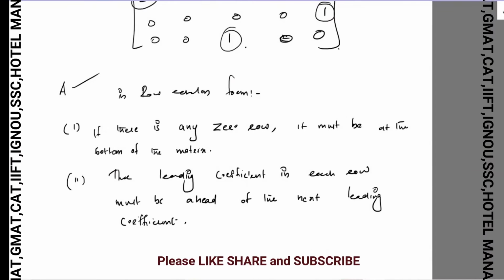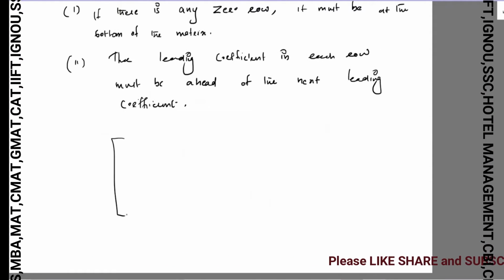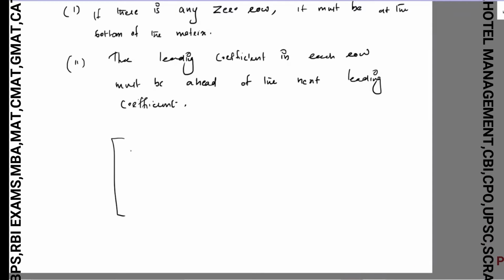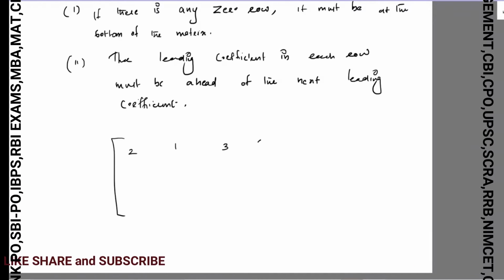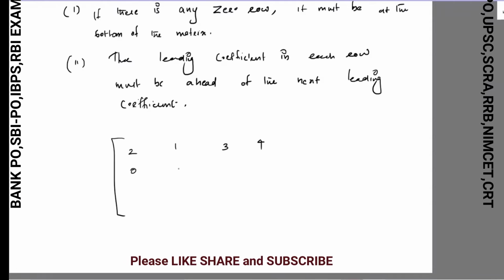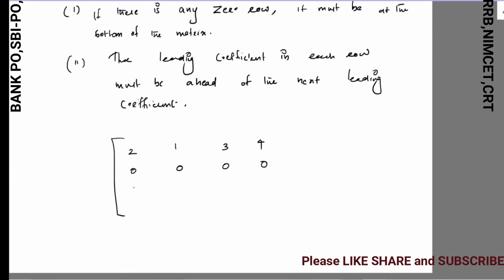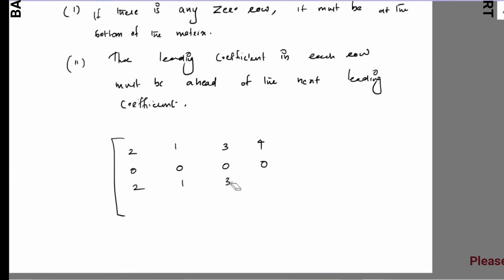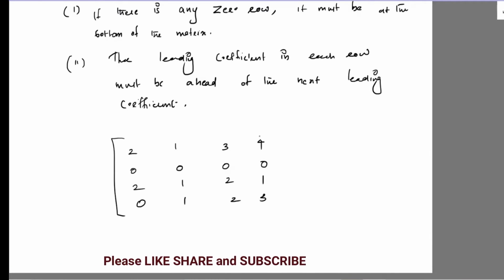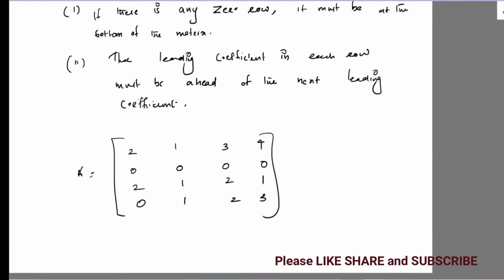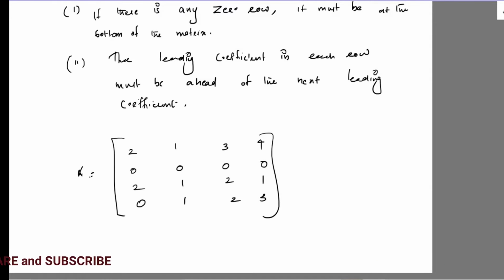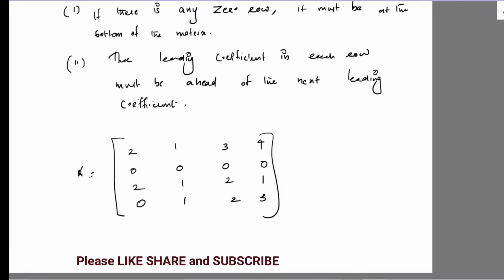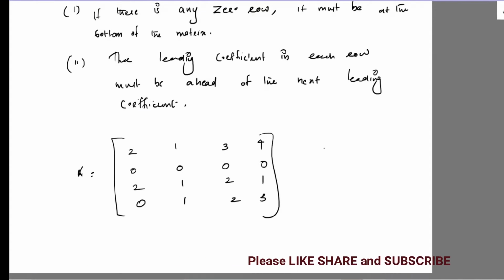For example, suppose A equal to 2 1 3 4; 0 0 0 0; 2 1 2 1; 0 1 2 3. Is it in echelon form?